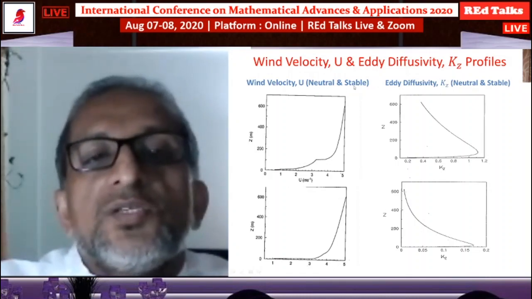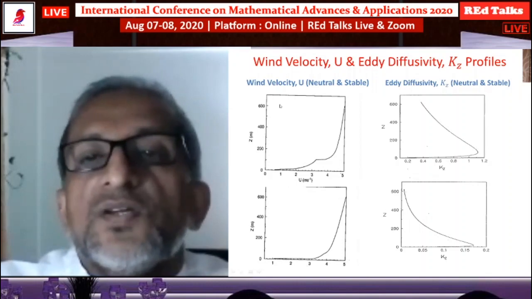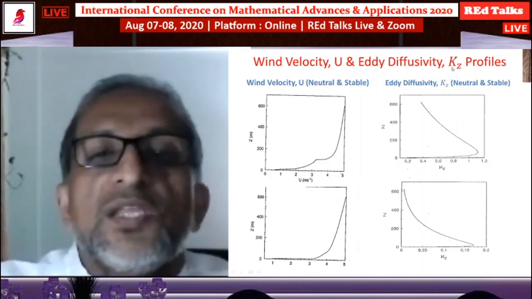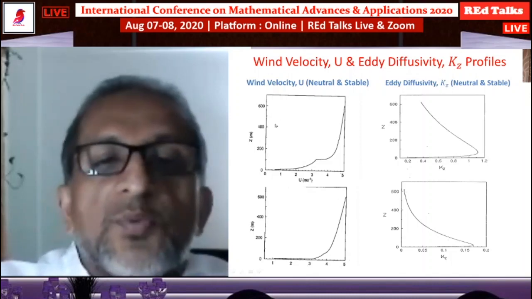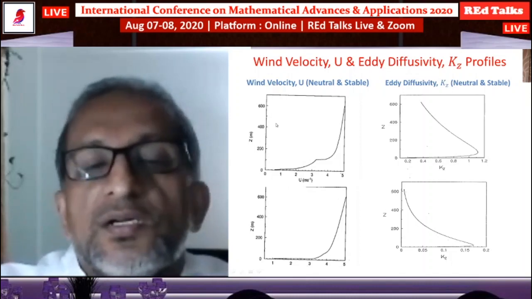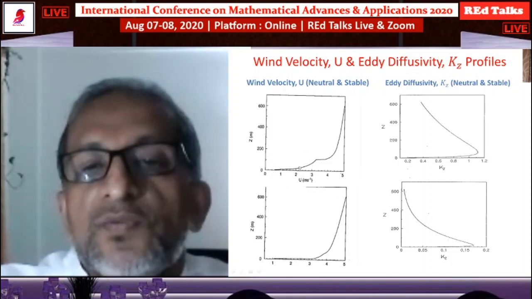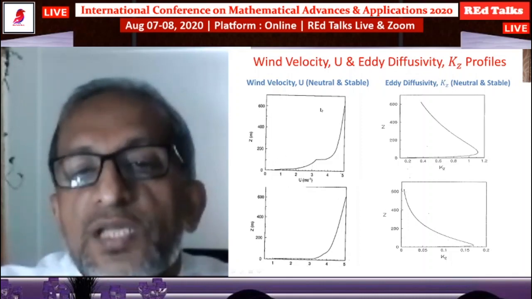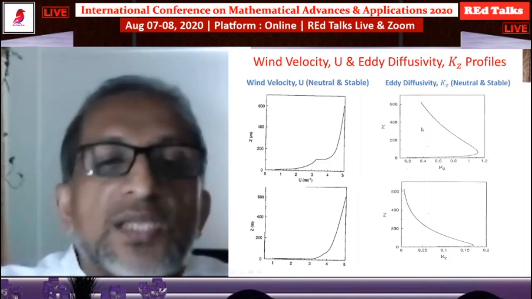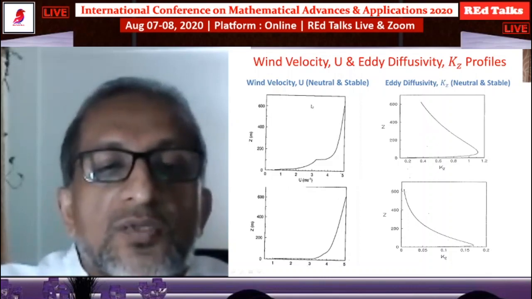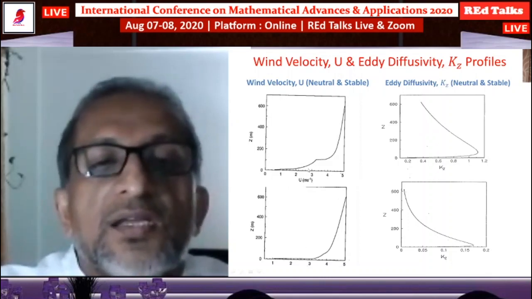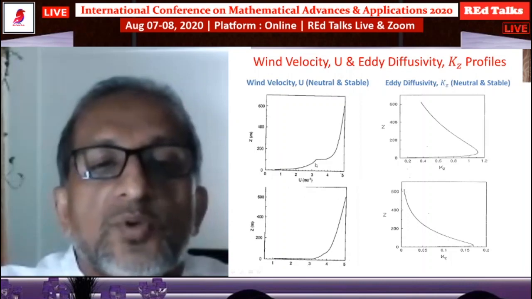So this u and Kz, which are functions of z, are the very important inputs to the model, and the profiles have been considered here. For eddy diffusivity, this is for the neutral case, and this is for the stable case. And the wind velocity: this is the surface layer, and this is the planetary boundary layer.